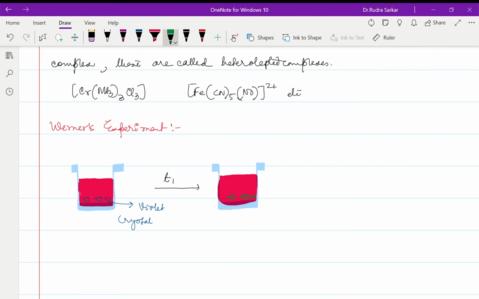Okay, this type of process is called fractional crystallization. Okay, so these are now giving you green crystals.